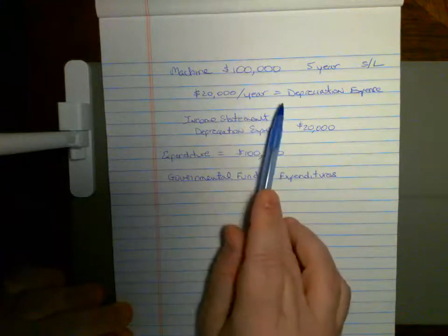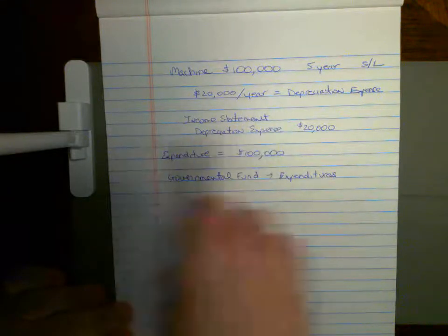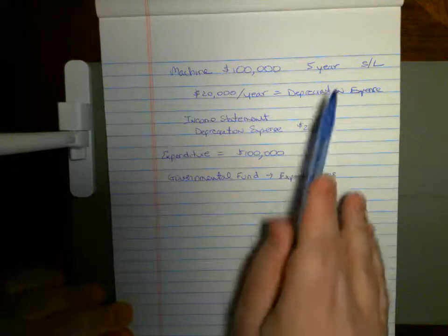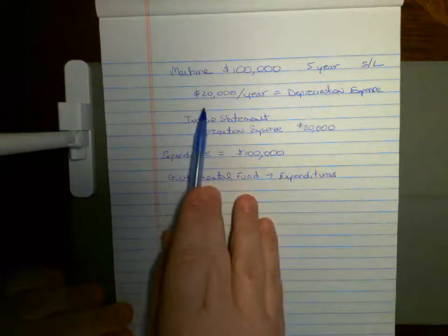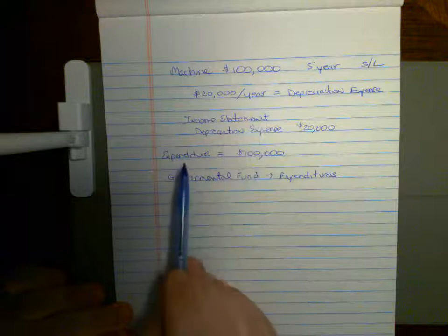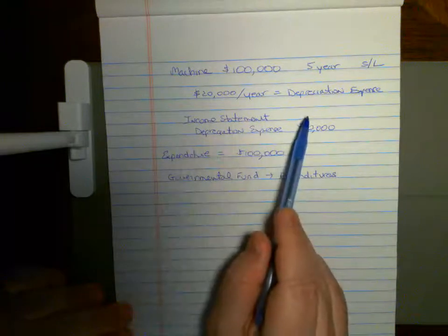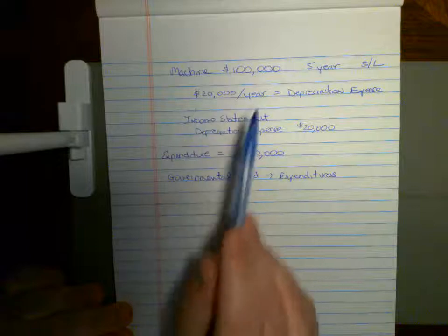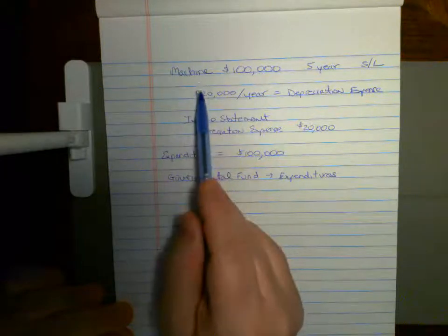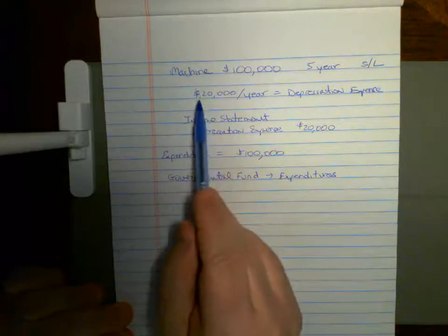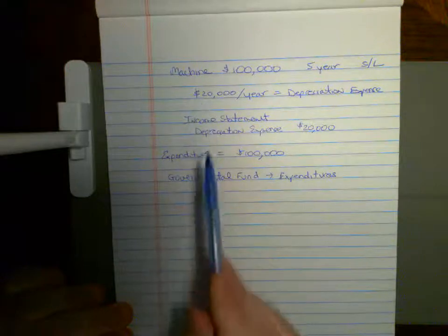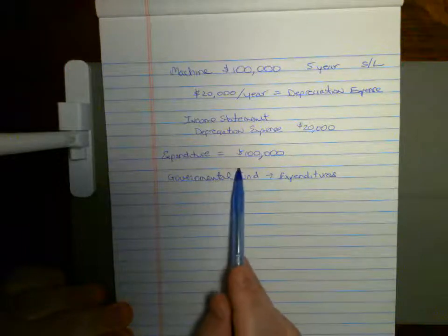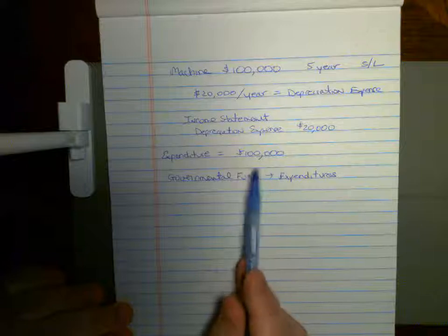In the government-wide statements, which are full accrual statements, it's going to show up as we would normally see it in a private company's financial statements, as being expensed $20,000 per year. So we have the matching of revenues to expenses for the accrual accounting. Here, the concern is the inflows and the outflows.